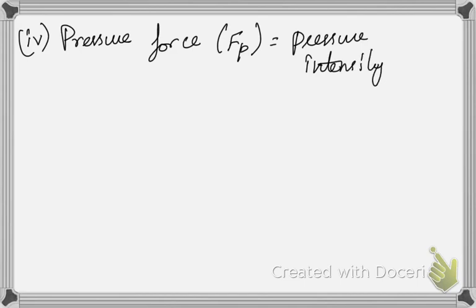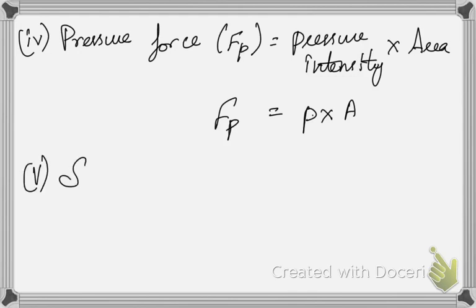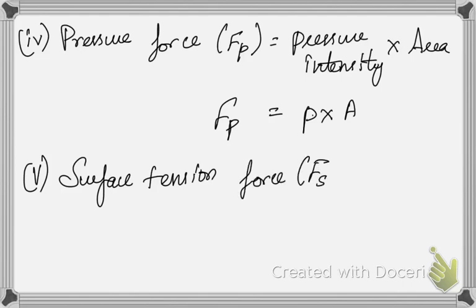Pressure intensity into area, which is P into A. So Fp is nothing but P into A. The fifth force is going to be the surface tension force, which we can denote by Fs.